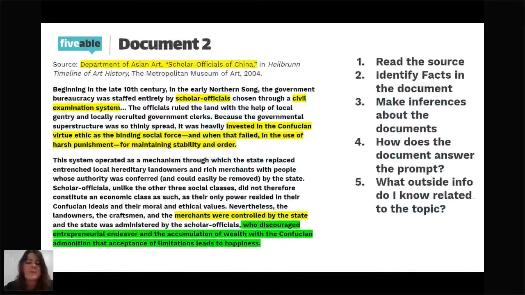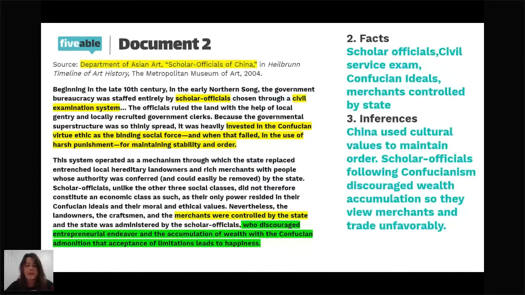Okay, all right, so let's read our document, and I've highlighted to help us out. So we know it's from China, and if we read along, beginning in the late 10th century in the early Northern Song, so Song Dynasty, the government bureaucracy was staffed entirely by scholar officials chosen through a civil examination system.